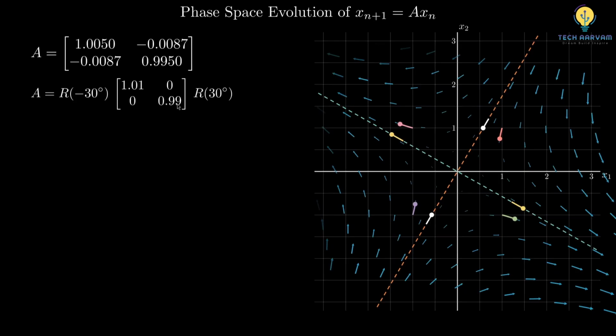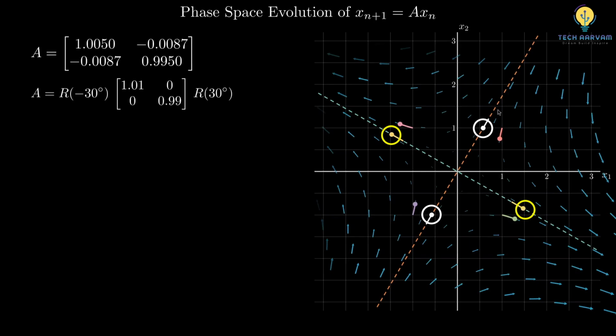The diagonals being exactly the same cause the matrix A to also be a diagonal matrix. However, when the diagonals are different, we actually get the symmetric matrix here. The other thing to observe is the highlighted position vectors and their trajectory, especially the white dots and the yellow ones.